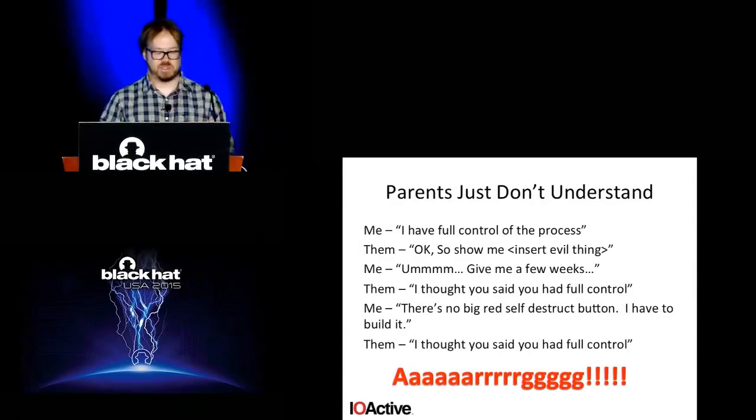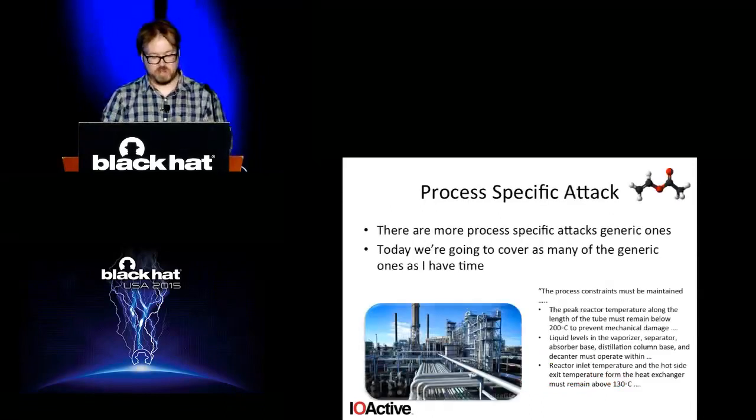The problem is Hollywood has conditioned us that once we get control, there's a big red button, and you mash the big red button, and things explode and stuff goes everywhere. In reality, you've got to analyze the process and actually build your big red button. So there are a lot of attacks that are specific to the process. In a vinyl acetate process that we study a lot, it actually comes with a bunch of things that it says.